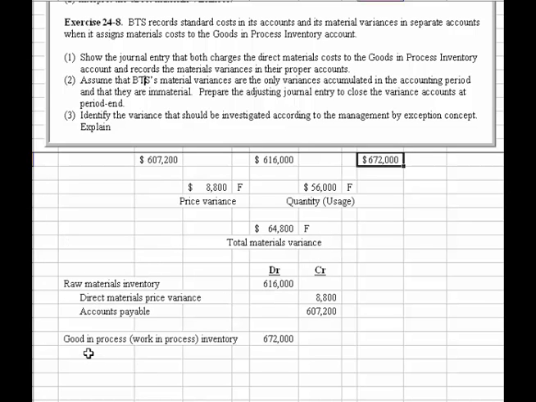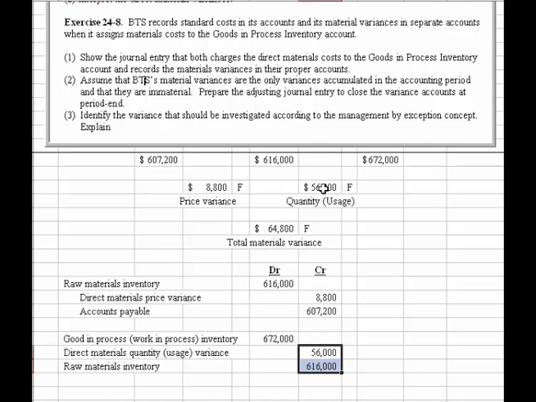And then we would move it from raw materials inventory, and the raw materials inventory would represent the full amount of actual that we had, the 616, meaning that we have another 56,000 of favorable variance to record, and this one is the direct materials quantity or usage variance.